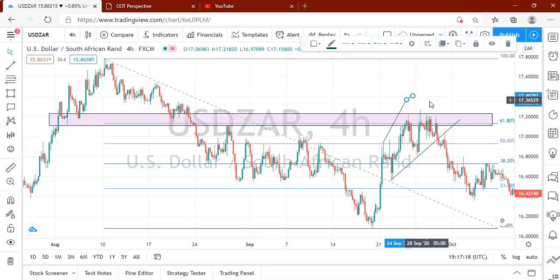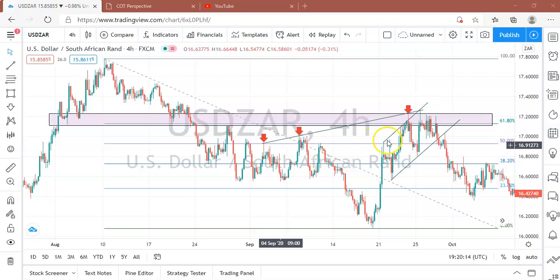As you can see, there was a little bit of a bullish channel here, and if you are a technical pattern trader, you know a bullish trend can only mean a correction or reversal.